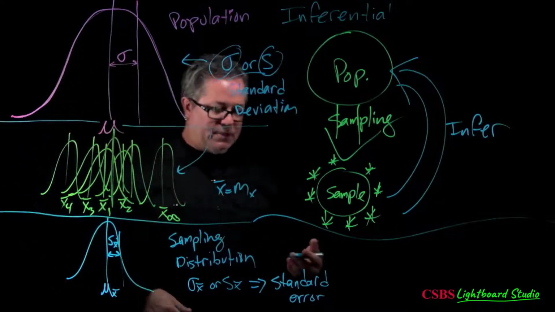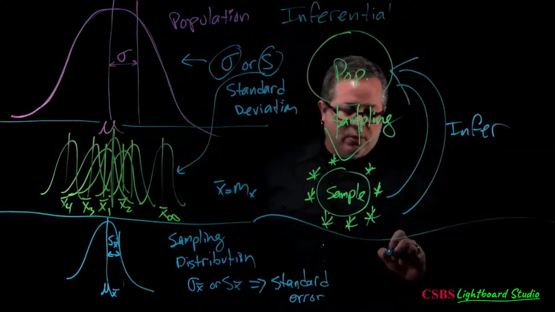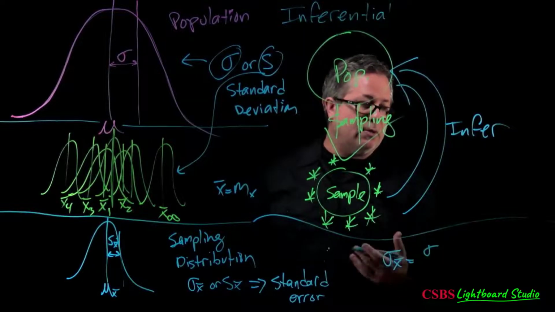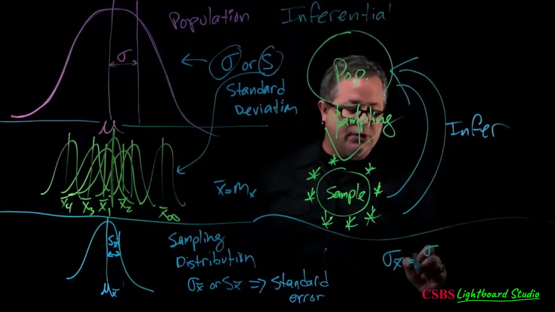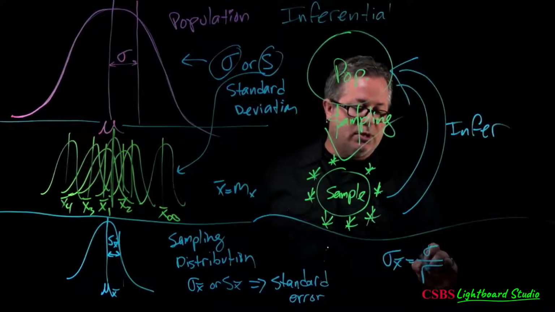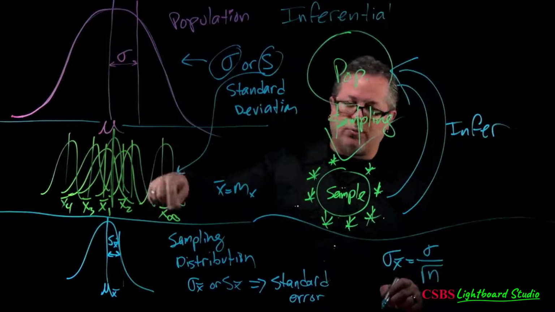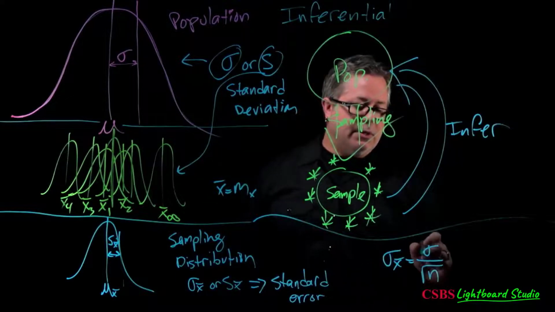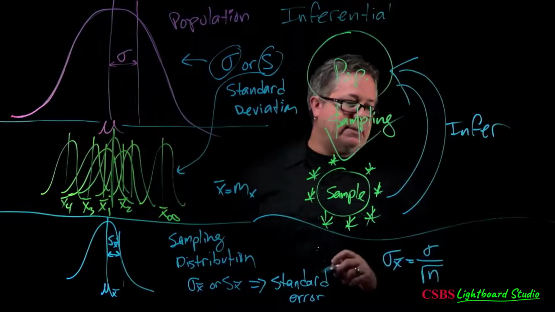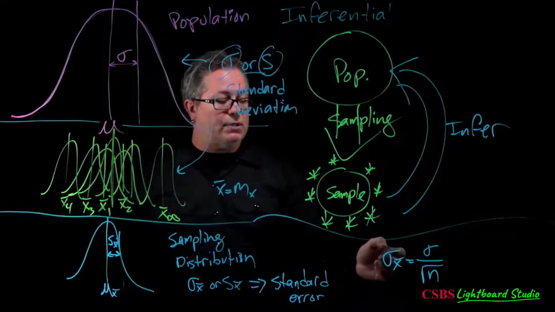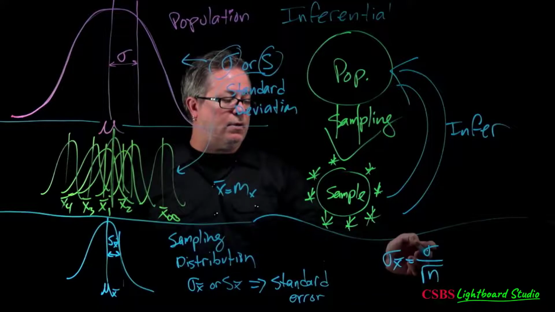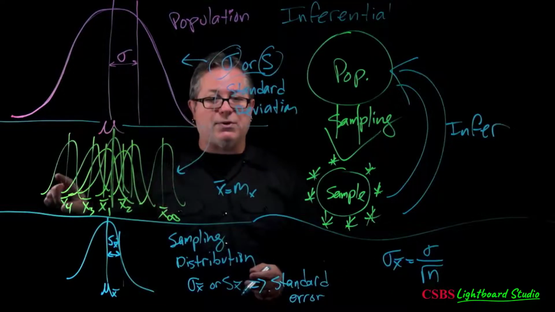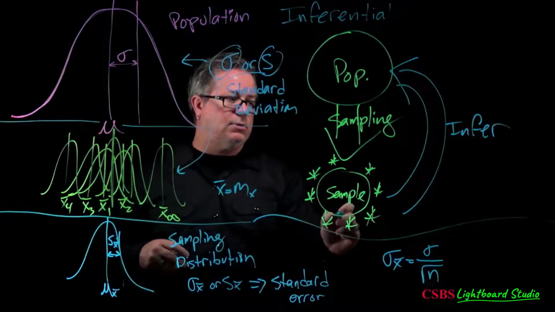So instead, someone figured out that we can estimate sigma sub x bar by simply taking sigma, if we know it, the population standard deviation, dividing it by the square root of n, whatever sample size we're pulling out. This is 25, for instance. We're going to divide by the square root of 25. So we can directly compute the standard error by simply dividing our standard deviation from our population by the square root of the sample size we're going to use in our actual sample.